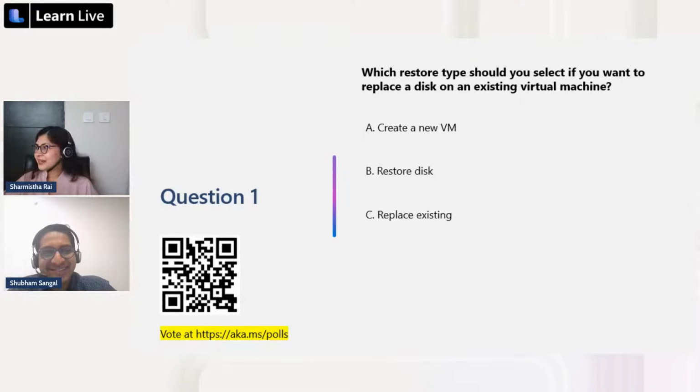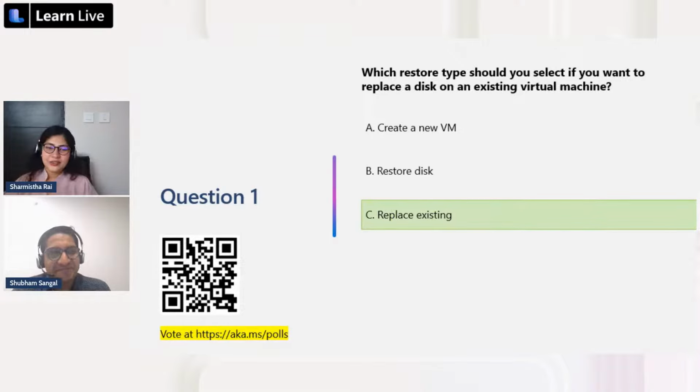So I'll go over to the answer now, because it's a short question. The correct answer is replace existing. The restore type replace existing should be selected if you want to replace a disk.